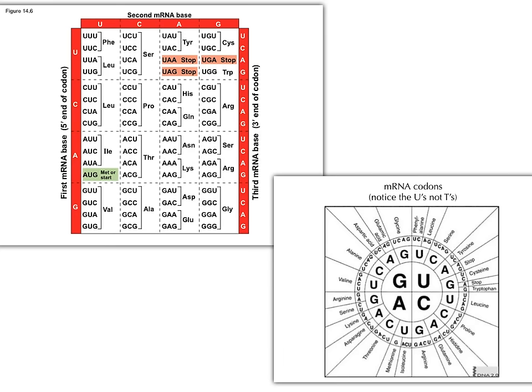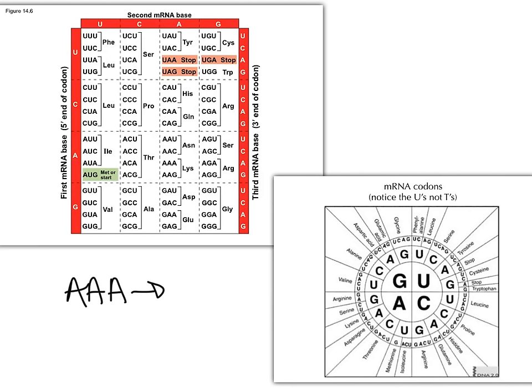So we have charts and wheels that have the code on it, so you don't have to memorize what triplets are which amino acids. There are 2 different ways you can read these. With the charts, you start on the left, and this is the first RNA base. And you can remember it's RNA, not DNA, because there's the uracil in the code. So let's say we have the triplet AAA, and we want to know what amino acid that codes for.